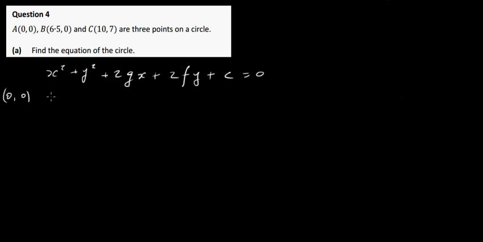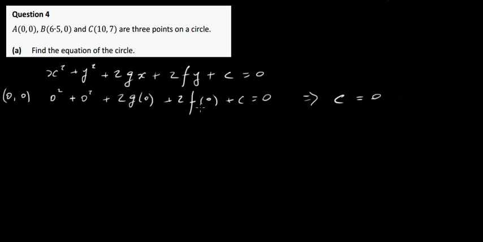So you can see that it's going to work here for x and y and all of these terms except c. So we're going to end up with 0 squared plus 0 squared plus twice g times 0 plus twice f times 0 plus c. So that will just give me c is equal to 0. All of these will just give me 0, so I'll just end up with c is equal to 0.